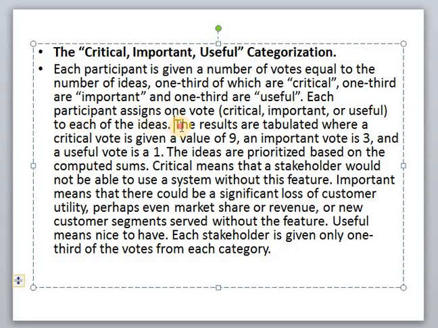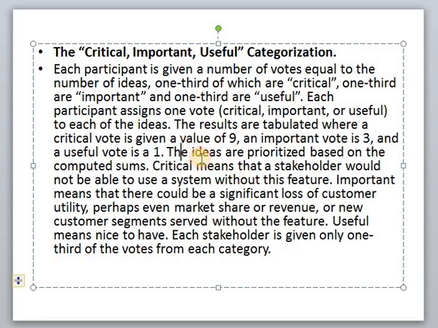So the results are tabulated, where a critical vote is given a value of 9, an important vote is given a value of 3, and a useful vote is given a value of 1.